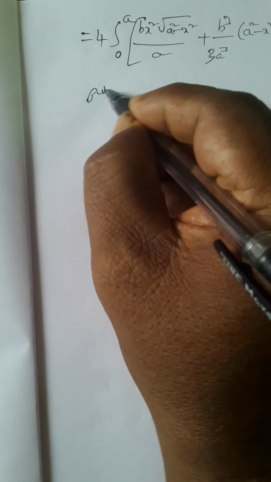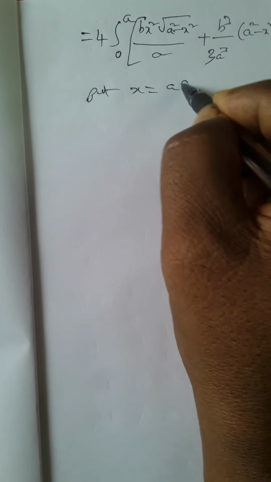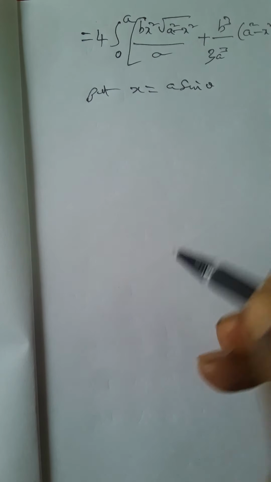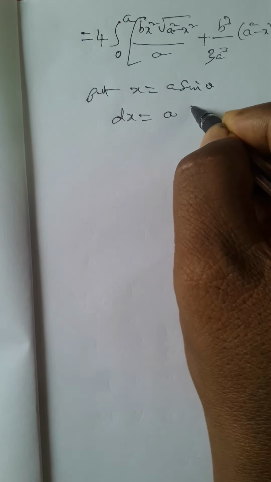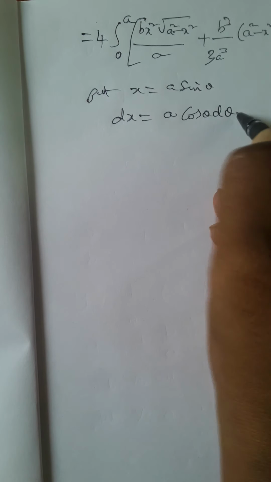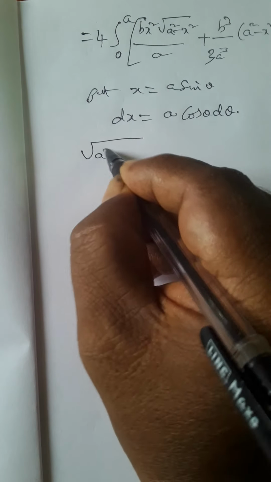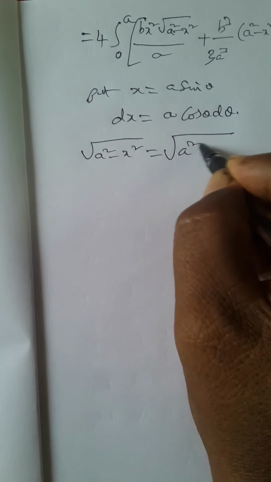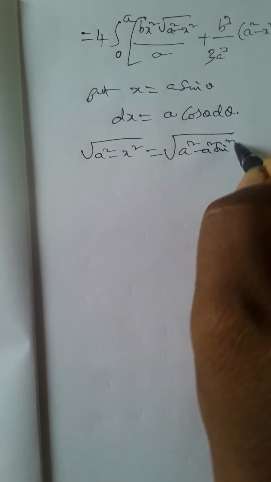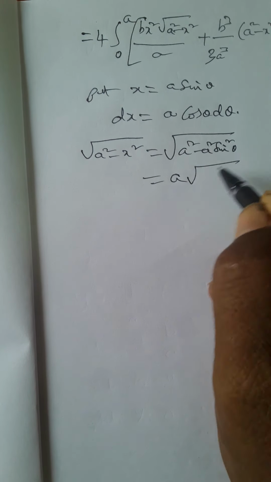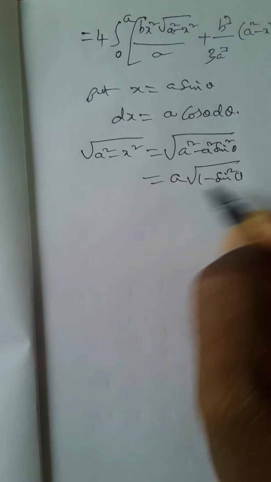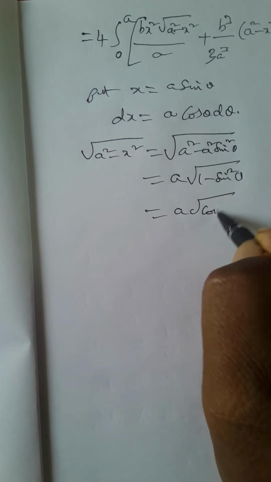Put x is equal to a sin theta. What is your dx? a into the derivative of sin theta, cos theta d theta. Root over a square minus x square becomes root over a square minus a square sin square theta, which is a root over 1 minus sin square theta, a root over cos square theta.